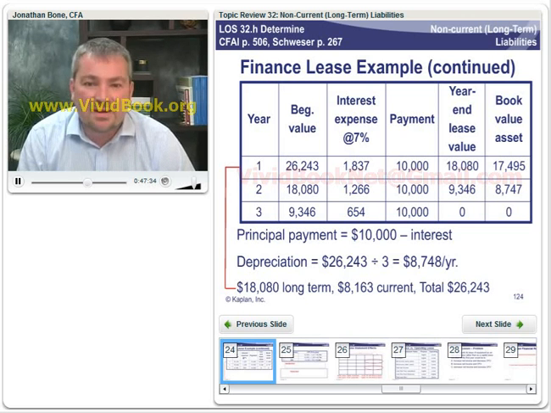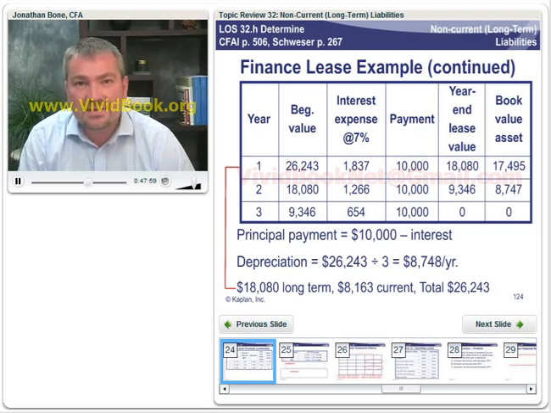So at the end of year 1, we've got 1 year's depreciation. So 26,243 minus 8,748 gives us 17,994. In the second year, we've now got 2 years of depreciation, so the total depreciation is now 17,496. That's the accumulated depreciation.